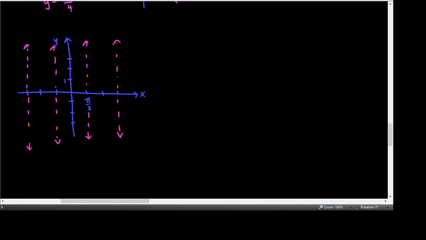And it's an increasing function, which means it goes from -1 at 1/4 of the way between the asymptotes, to 0 halfway between the asymptotes, to 1 at 3/4 of the way through the asymptotes.